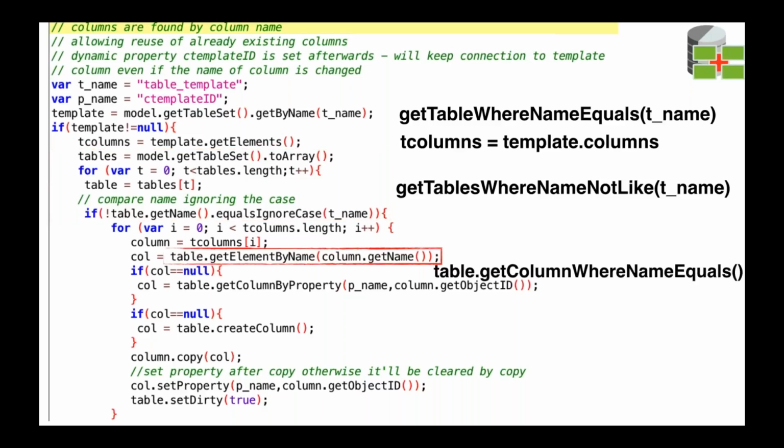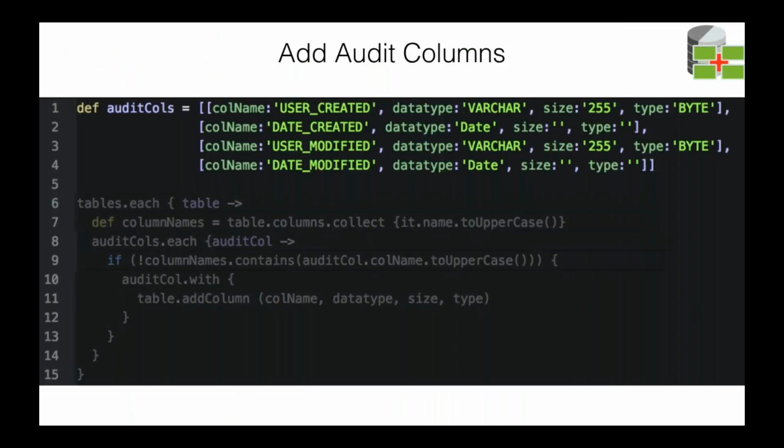And if you want to get a column with a particular name, you can also do that. So this is not the same script rewritten, but this is my interpretation of how to add audit columns using SDDM+.